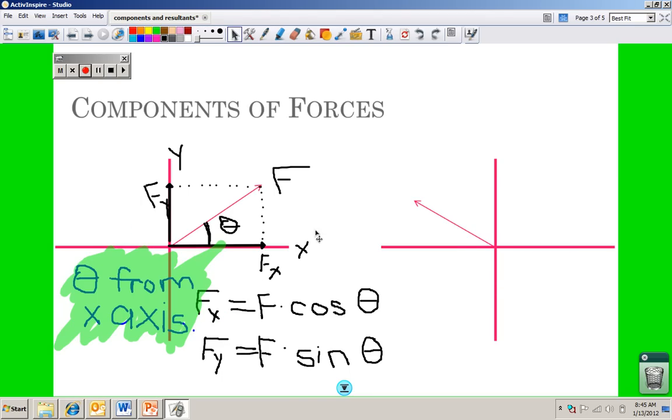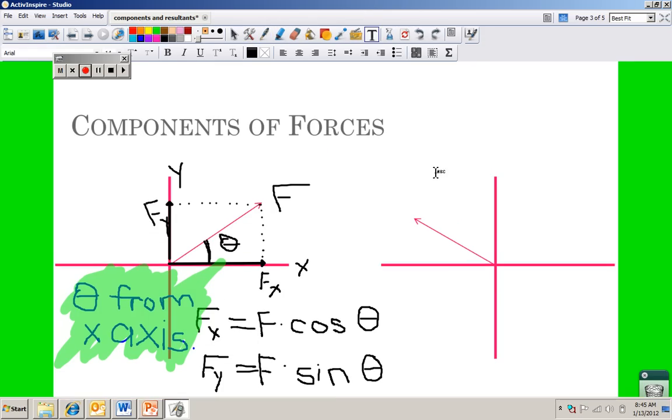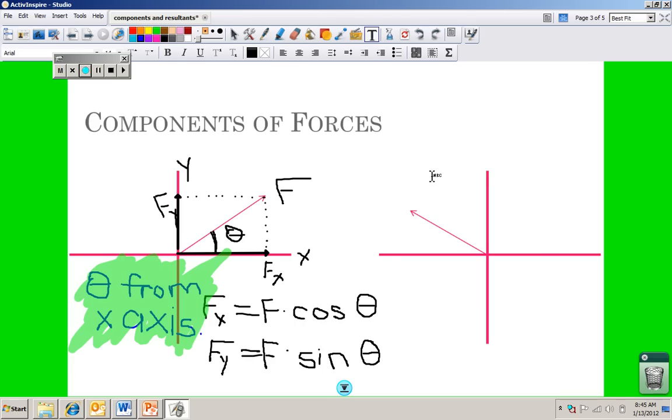Okay? Alright, so let's work a problem. Okay? If we say that this force, okay, F is 100 pounds, okay, and let's say this angle is 25 degrees.